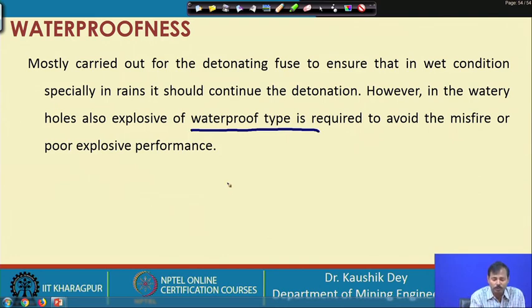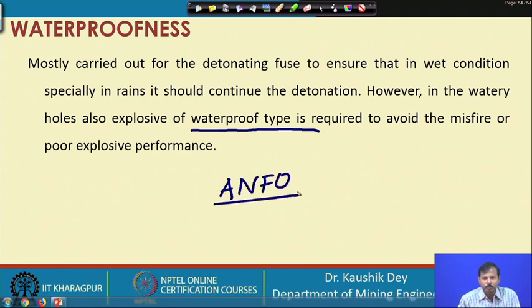Similarly, we do not use ammonium nitrate fuel oil as an explosive in watery holes, because ammonium nitrate is hygroscopic, it dissolves in water, and the explosiveness of the ammonium nitrate will be lost if we place it in the watery holes.